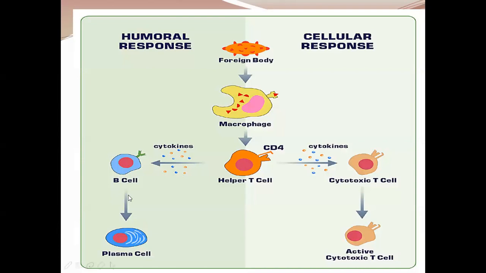Whereas here the CD4 cell will stimulate the cytokines, and this will act on the cytotoxic T cell, resulting in an active cytotoxic T cell. That is the cellular response. And here in the humoral response, it is the helper T cell, CD4 cell, with the help of cytokines acting on the B cell and plasma cell. Here it is the cytotoxic T cell and active cytotoxic T cell in the cellular response.